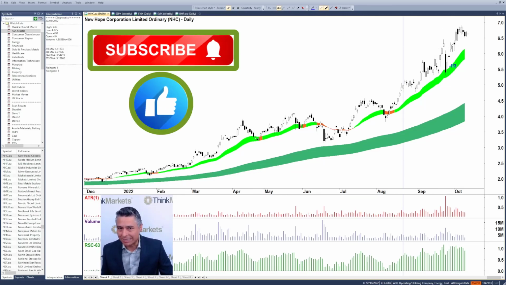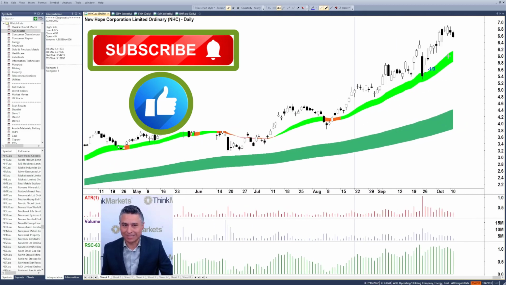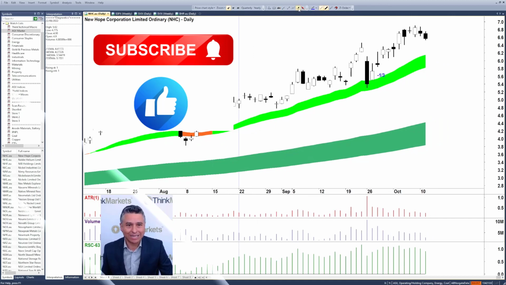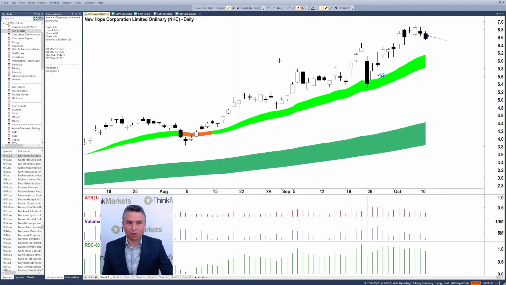There's nothing so sinister here that would suggest to me we need to do anything just yet. But hey, don't forget this last candle here, and I'm going to say this over and over again, that is a live candle. So you have to understand that anything can happen on this candle, and you need to reassess it at the end of the session. Okay, we're about halfway through the trading session for the people who are listening to me on the recording.